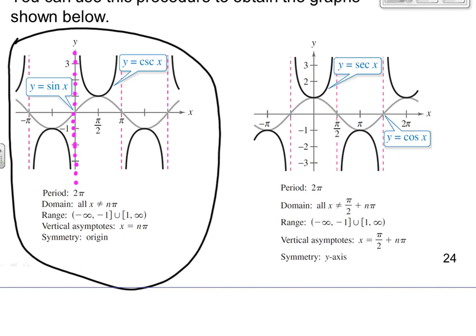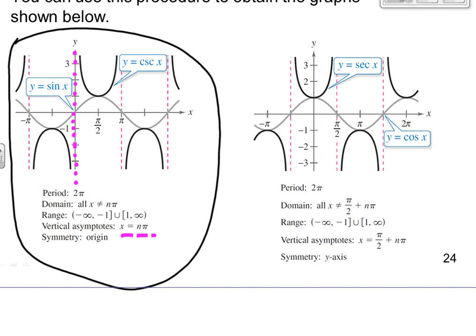So there's y values up to -1, and then from 1 to +infinity. Notice the -1 and +1 are included. And the vertical asymptotes there are x equals n pi. And it's symmetric with respect to the origin. So if you rotate cosecant 180 degrees, it'll match on itself.